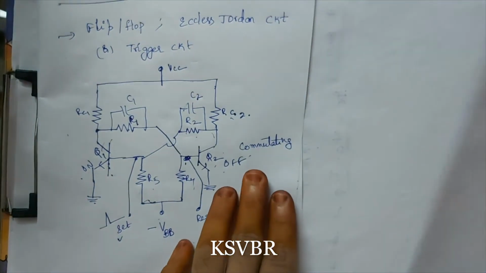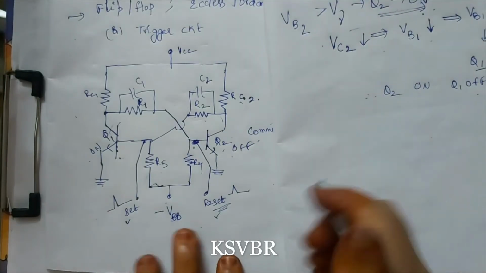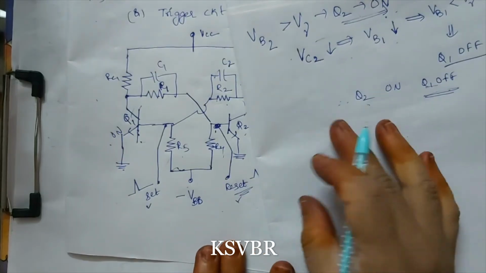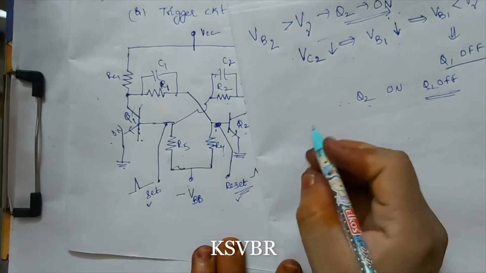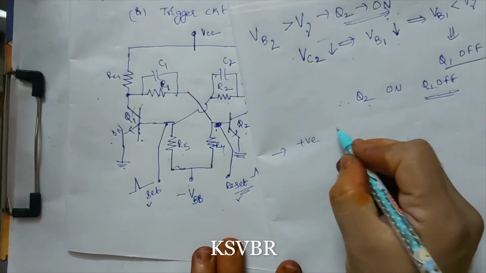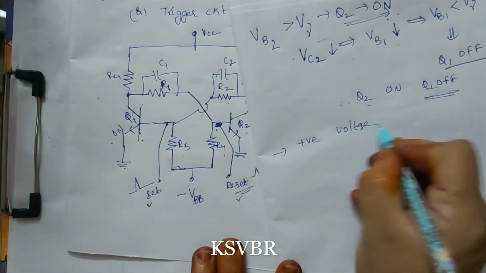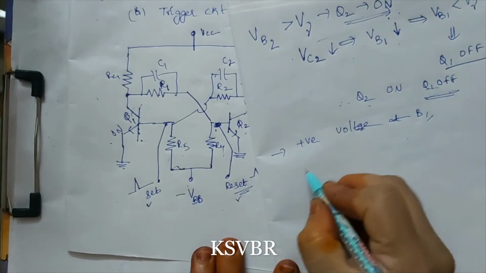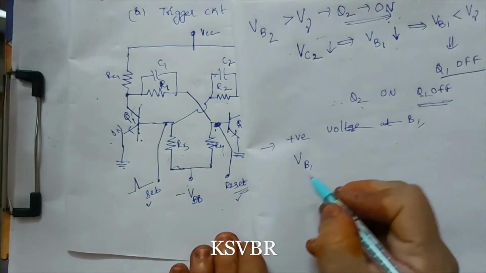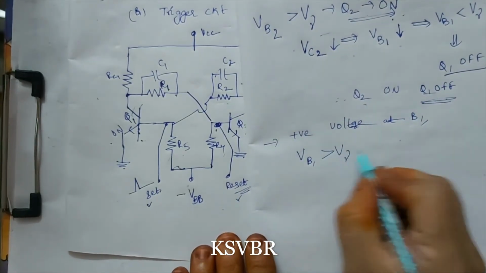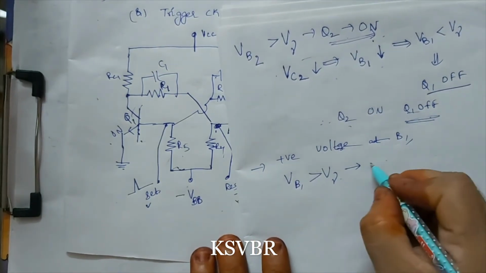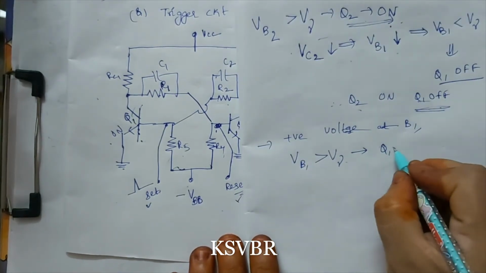So if you apply set pulse, that means now the off transistor is Q1. So what will happen? By applying positive voltage at base 1, whenever VB1 is greater than V gamma, Q1 will become on.